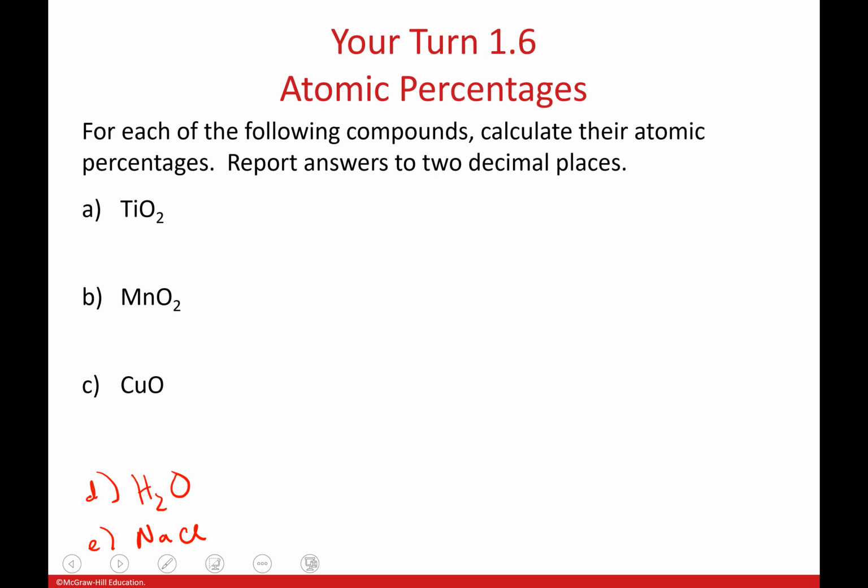Since I didn't work these ahead of time, I'm just going to ask you the percents, and then I'll check them later, and we'll start that slide on Friday. So pressure's on. Since this one doesn't have a value, we can use just one.